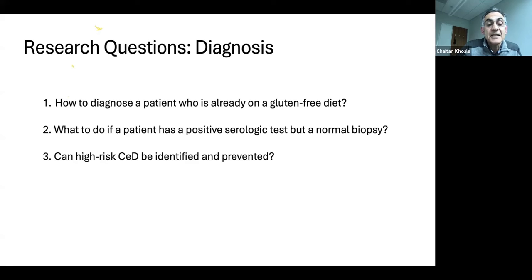And so if they're detecting some positivity, they're telling us something. But if the biopsy is normal, the doctor cannot say that this is a celiac patient, with the exception of young children where a very high serologic titer level is now starting to be used in some parts of the world as a sufficient criterion for diagnosis.